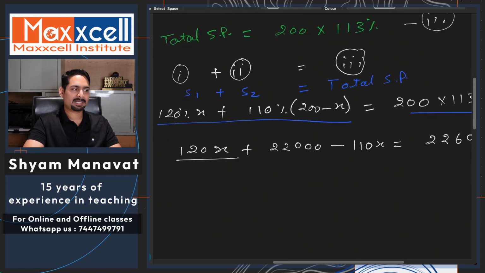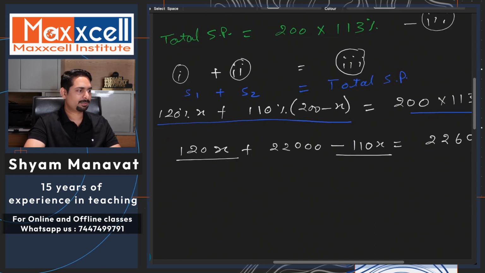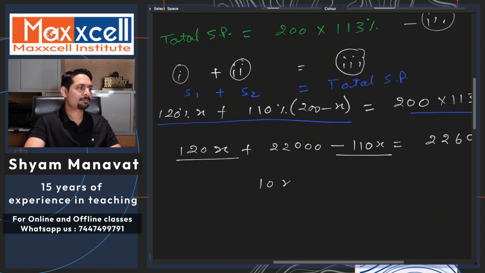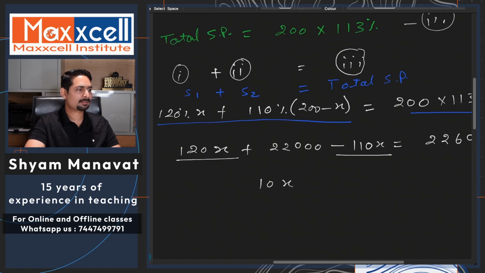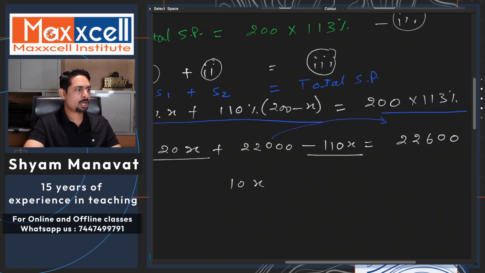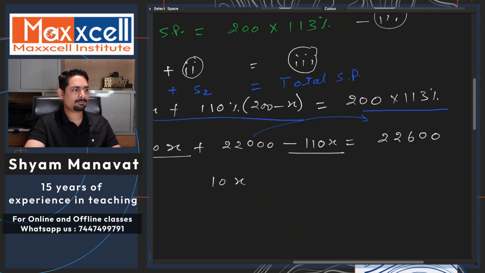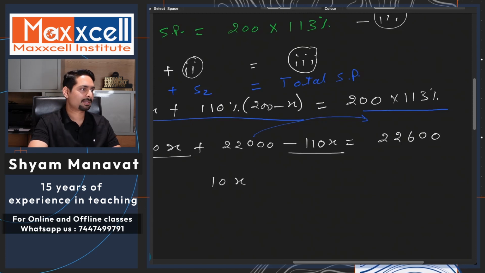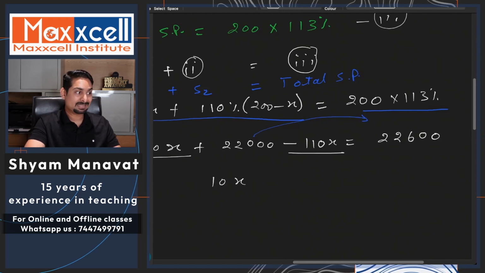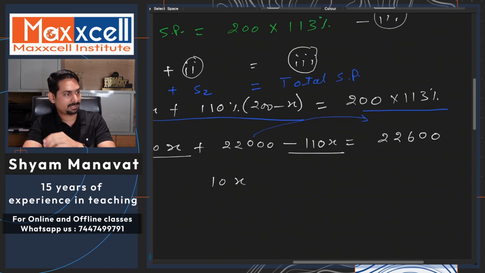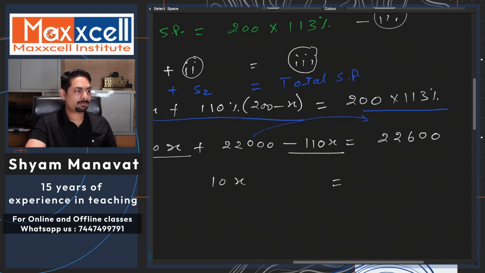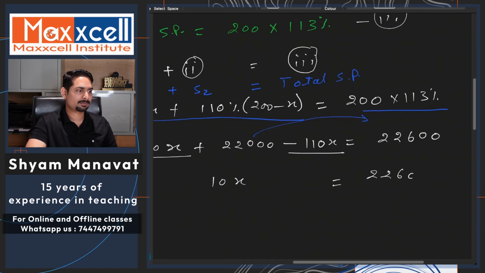120 minus 110 will get me only 10x. I can take this to the other side. So 22,000 and here I have 22,600. If I take plus 22,000 towards the right hand side, that should become what? Minus, right?